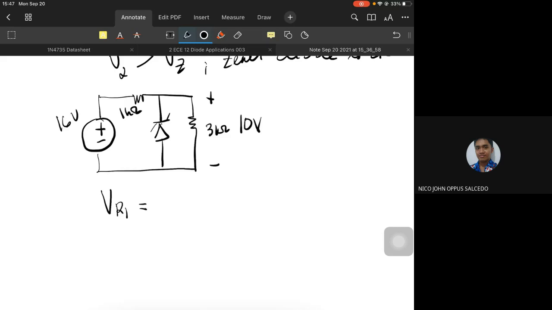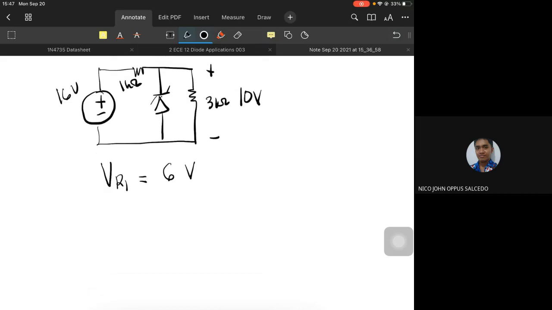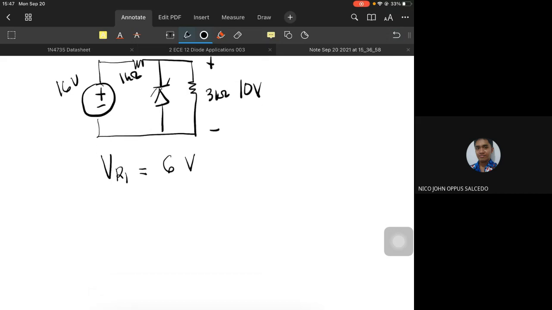The voltage across R2 is regulated at 10 volts. 6 volts, sir. Okay, very good. Because the voltage across the load is fixed at 10 volts. What is the purpose of the Zener diode? It holds our voltage at 10 volts. So, yes, VR1 is 6 volts.